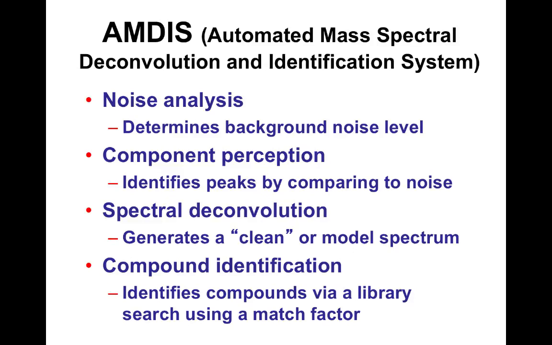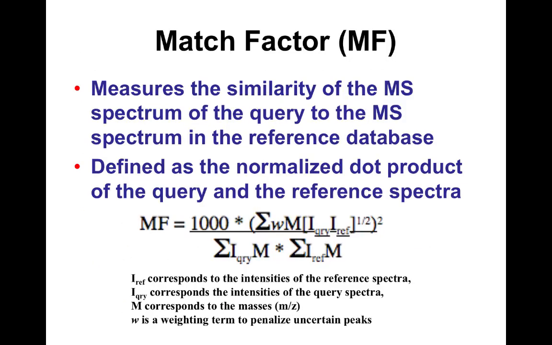Now, rather than giving a 0 to 10 confidence score, it produces something called a match factor. So this is a formal definition of the match factor, and it's measuring the similarity of the mass spectrum of the query to the mass spectrum in the reference database. So you could use a match factor for NMR, for GCMS, or for LCMS. It's a dot product.